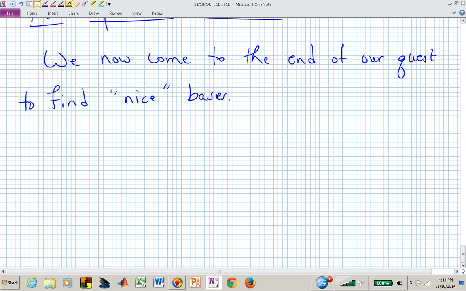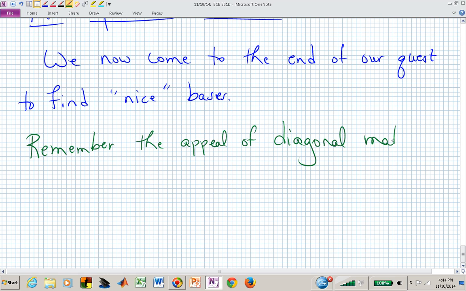And one of the things that we maybe like in terms of operators is to have diagonal matrix representations of these operators. So remember the appeal of diagonal matrix representations.